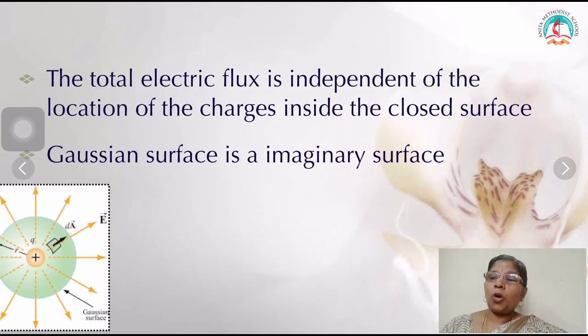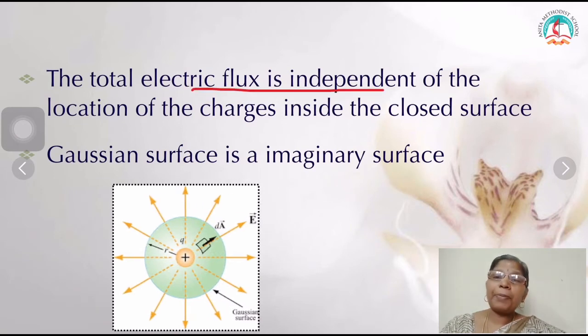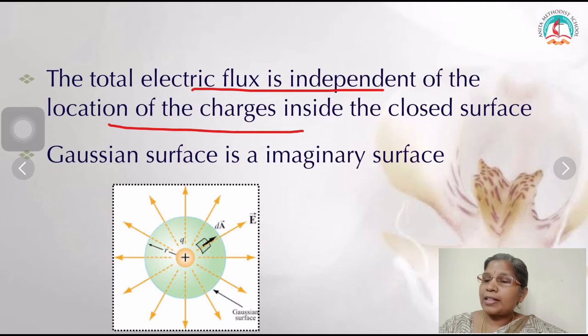Third, the total electric flux is independent of the location of the charges inside. It does not matter whether the charge is at the center or the corner, east or west. It is independent of the location of the charges inside the closed surface, because outside charges do not contribute.